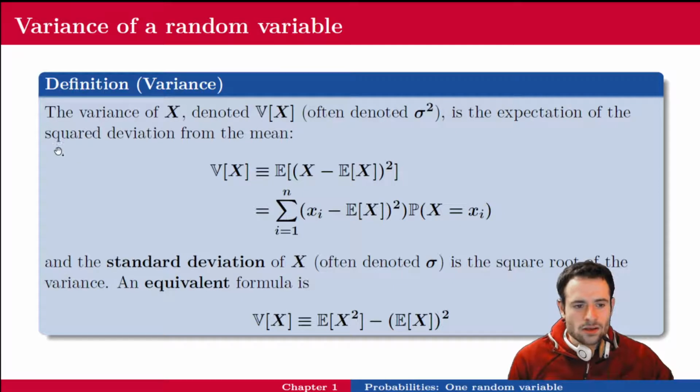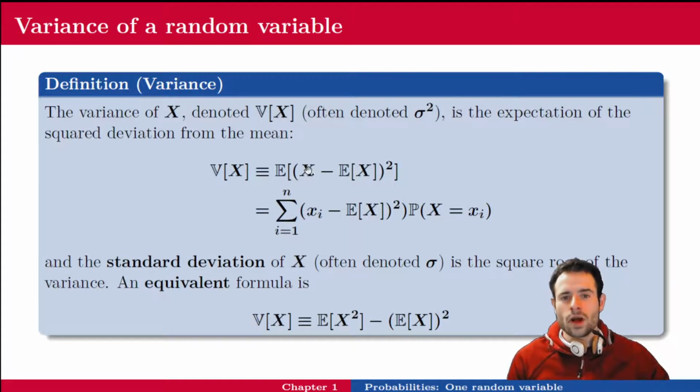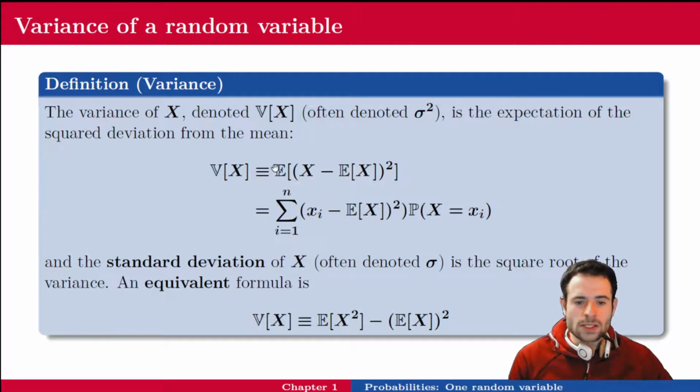And then it says squared. So I take the square of this number. And finally, because this is random, x can change. Sometimes it's equal to 1, sometimes equal to 3, and so on and so forth. So I'm going to take an expectation out of that squared deviation from the mean.